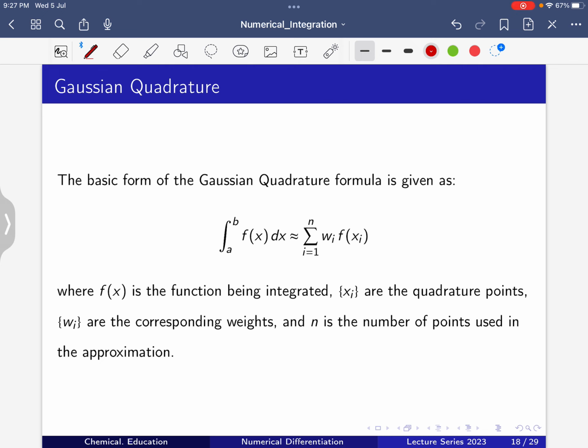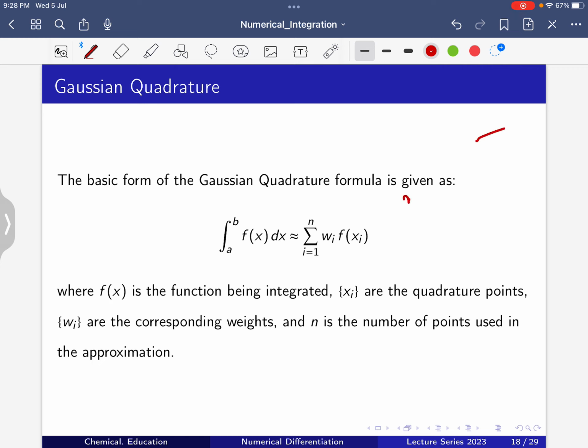Here f(x) is the function being integrated, the x_i are the quadrature points, the w_i are the corresponding weights, and n is the number of points used in the approximation.